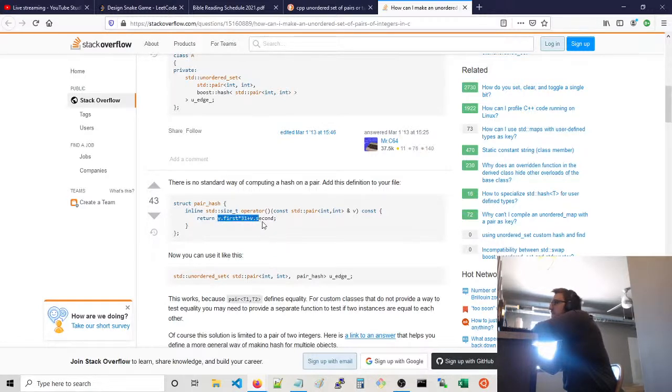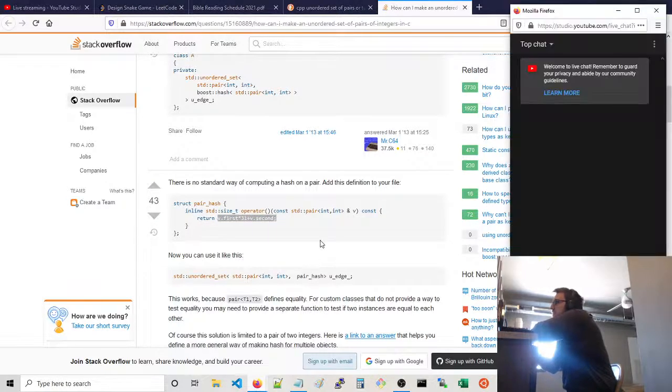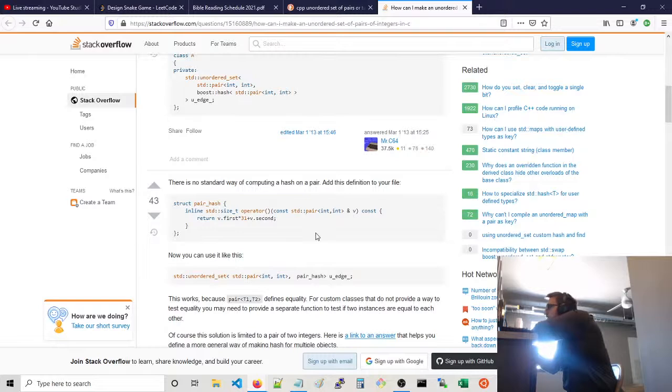But the question is, all right, so it won't overflow if you use size_t. Then the question is, what is this hash? You definitely could have pairs that hash to the same value if you do this.